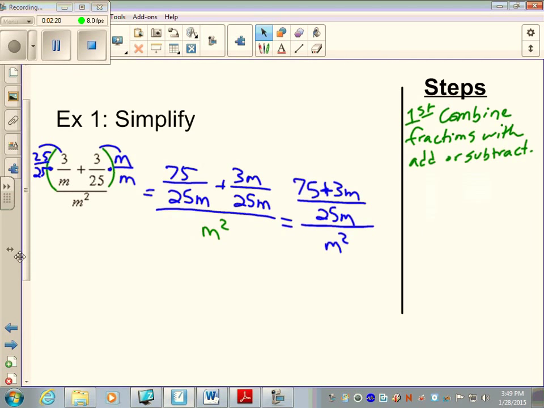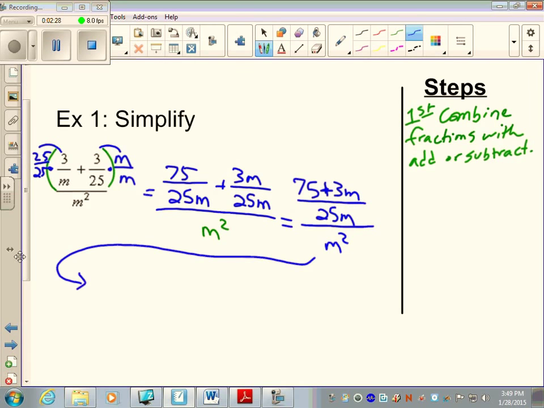end up doing KCF, but it might be easier to look at this complex fraction as you take 75 plus 3m over 25m. And this division right here, I'm going to write it as division by m squared.